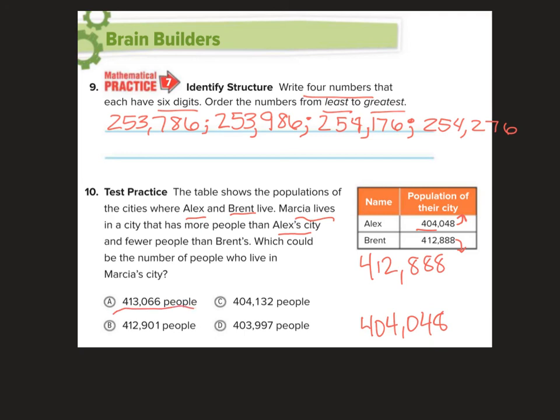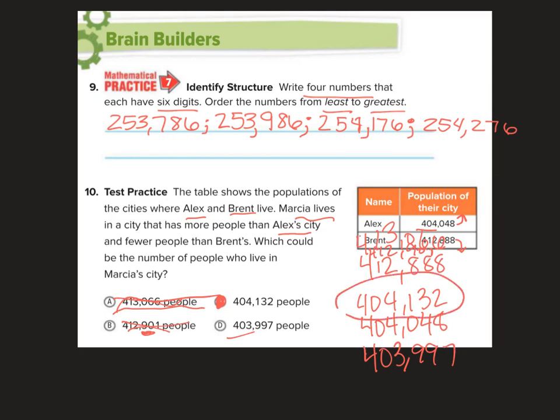So 413 would be above here. So it's not that one. 404,132 would be between. 412,900, that'd be up here. 901, not that one. And 403,997 would go down here. So this is the only one that would be between the two. And we circled it already.